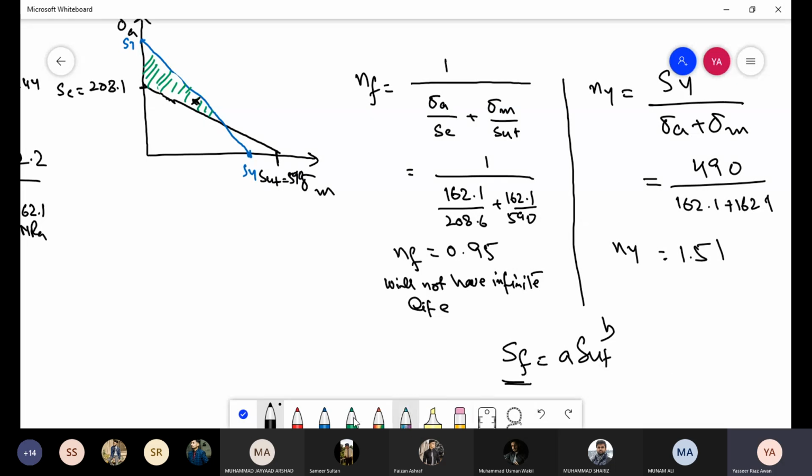SF = A N^B, सही, कंप्लीटली रिवर्सिबल के लिए है ना इक्वेशन? बिल्कुल कंप्लीटली रिवर्सिबल के लिए, तो यही मैं कह रहा हूँ ना, अब हम कैसे यूज करें? Can we get the value of SF from this graph for this case?